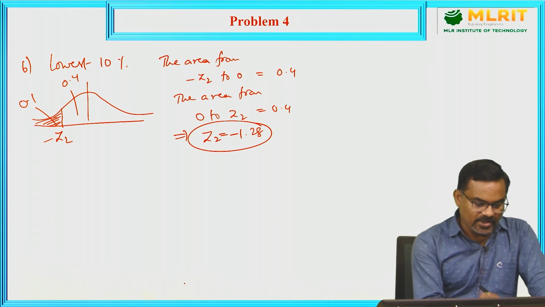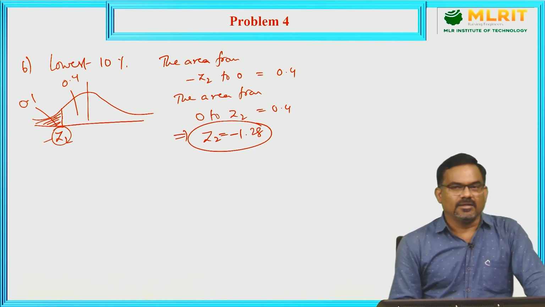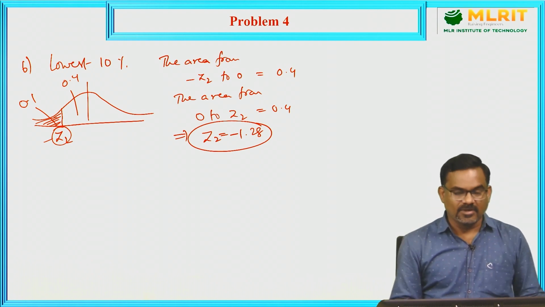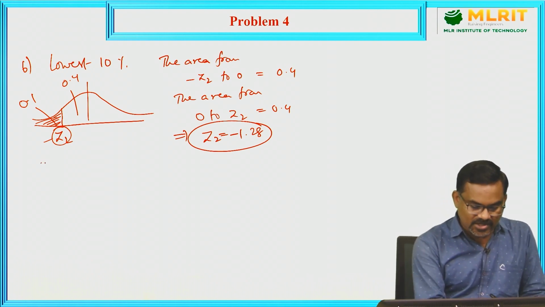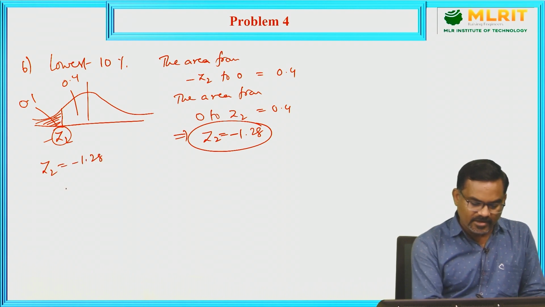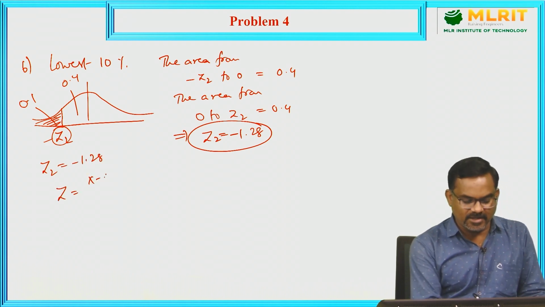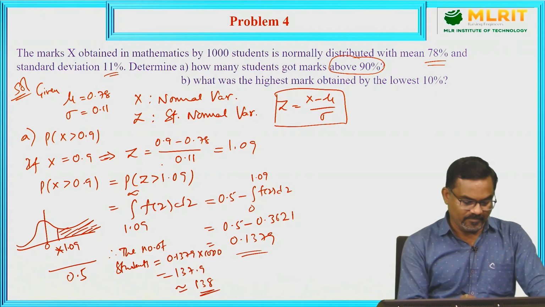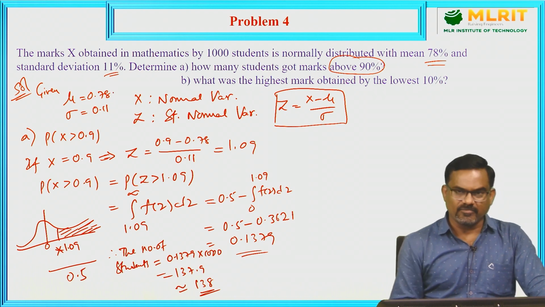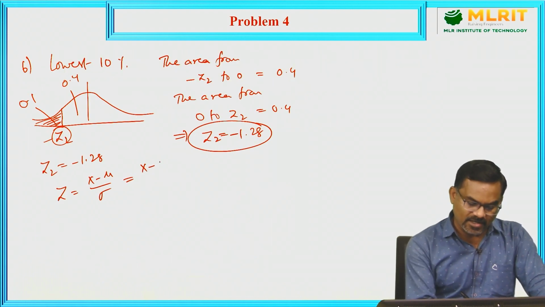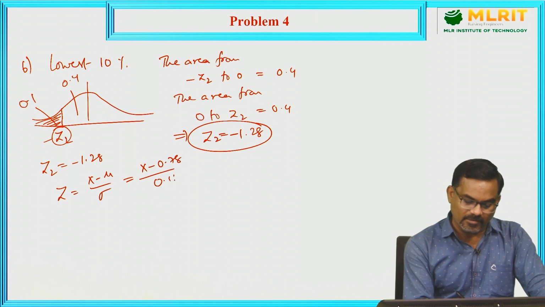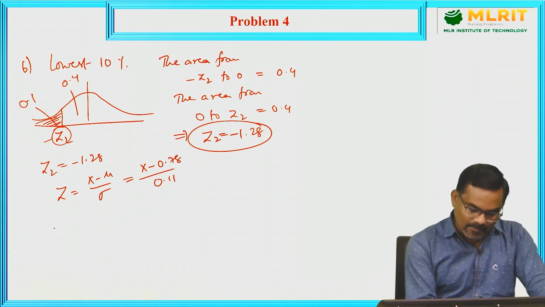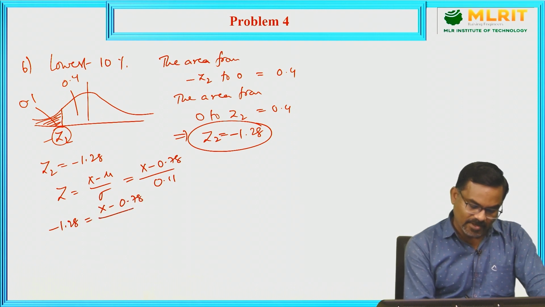And now we need to calculate what is the highest mark obtained by the lowest 10% of students. Here we have Z2 value as minus 1.28, and the Z formula is x minus mu by sigma, where in the given problem you have 0.78 and 0.11. So, minus 1.28 is x minus 0.78 by 0.11.